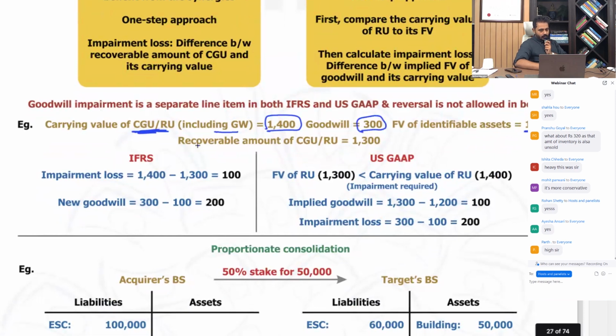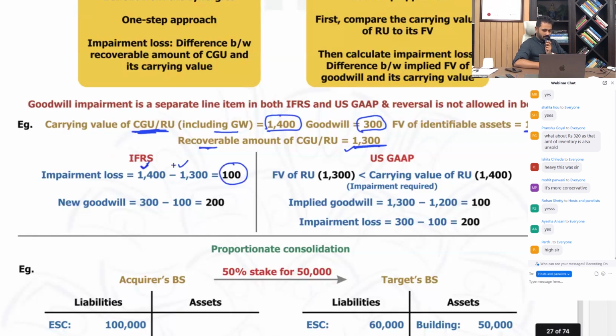And the recoverable amount, if I were to sell them today, I should be able to recover 1300. The way we do goodwill impairment under IFRS is we say, right now, I'm showing my carrying value at 1400. However, if I decide to sell this business unit, I will get only 1300. That means I need to recognize an impairment loss of 100.